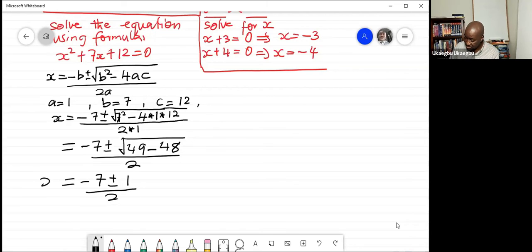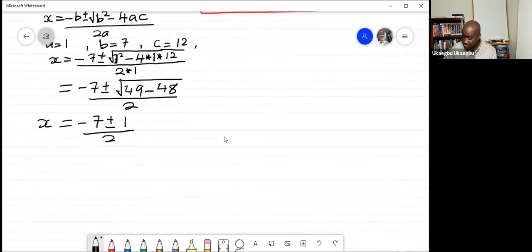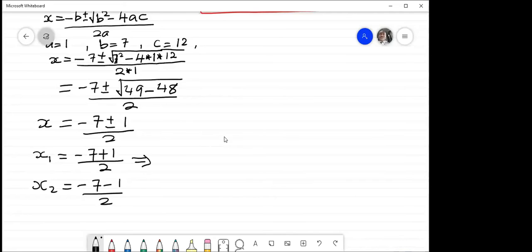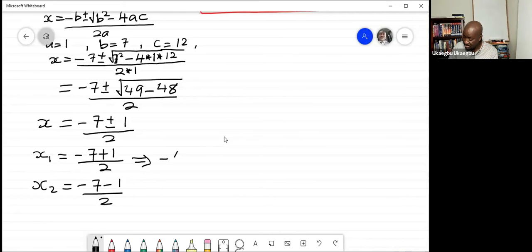So this is still your x. Now x1 is going to be -7 plus 1 over 2, and x2 is going to be -7 minus 1 over 2. So x1 is -7 plus 1, which is -6. So -6 over 2 gives us -3.